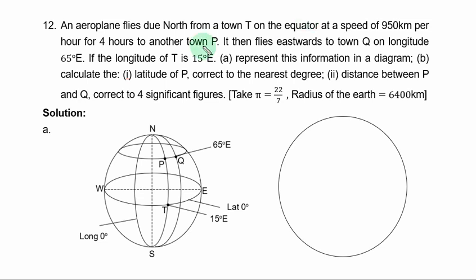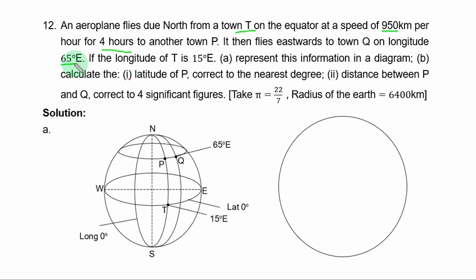Question 12. An aeroplane flies due north from a town T on the equator at a speed of 950 kilometers per hour for 4 hours to another town P. It then flies eastwards to town Q on longitude 65 degrees east.